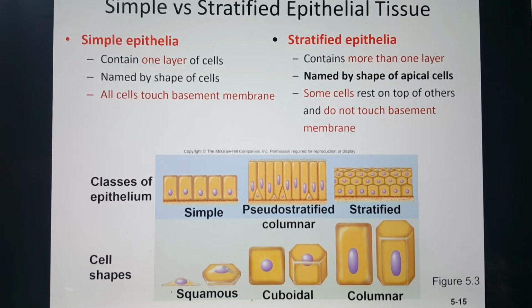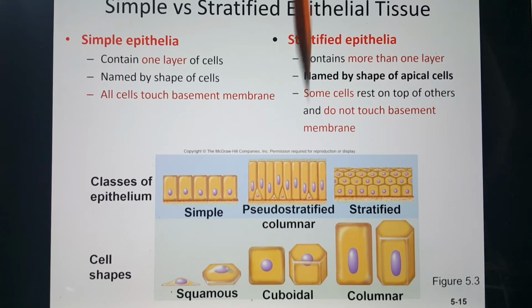The next category is stratified. Stratified epithelial has at least two layers, so there's at least one layer stacked on top of the other. Our first layer lines the basement membrane, and then there's at least one more layer that does not touch that basement membrane, so it's on top of our bottom layer of cells.